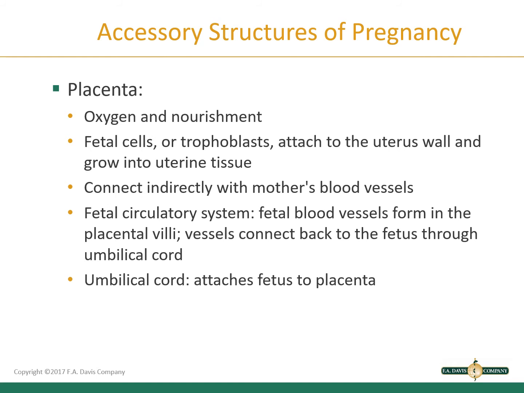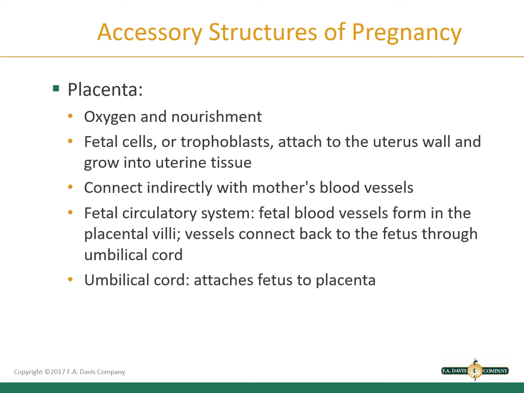As the placenta continues to grow, villi are formed, which are finger-like projections that are surrounded by the mother's blood. Blood flows around the villi and transfers to the fetal blood supply occur.